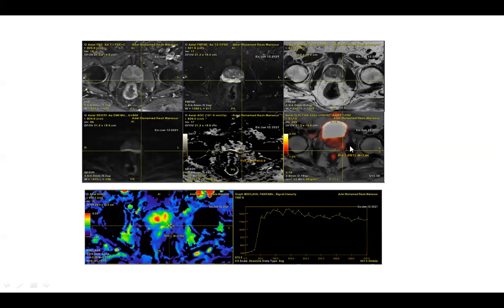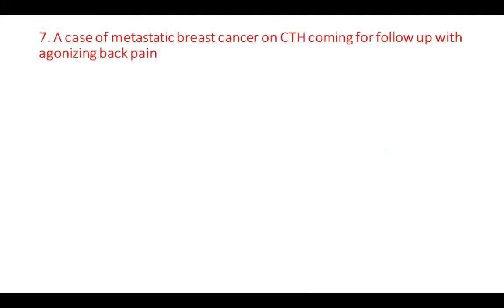This was furtherly proven by biopsy to be a prostatic adenocarcinoma. So we were able to detect another lesion in this case where the patient was coming for follow-up as regards its primary sigmoid colon malignancy.